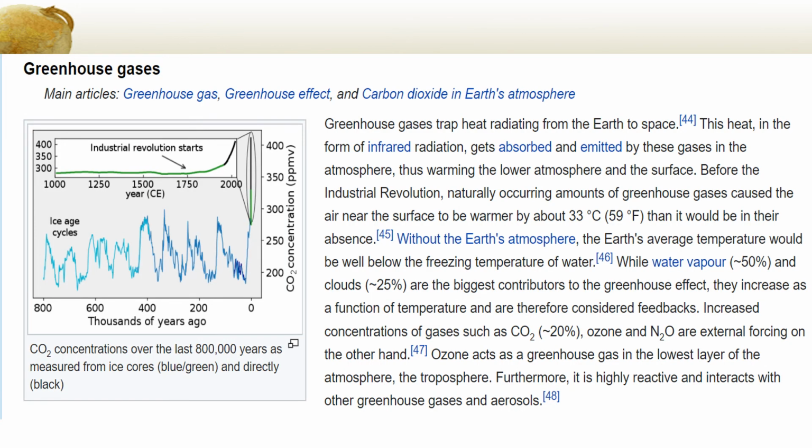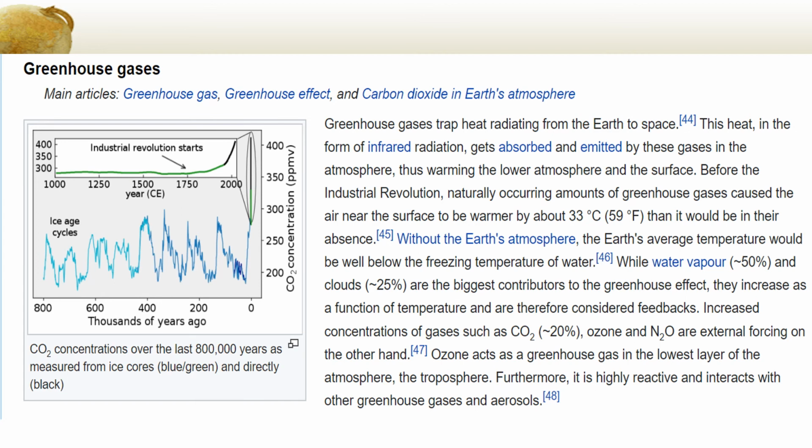So what are greenhouse gases? Greenhouse gases trap heat radiating from the earth to space. The heat in the form of infrared radiation gets absorbed and emitted by these gases in the atmosphere, thus warming the lower atmosphere and the surface.